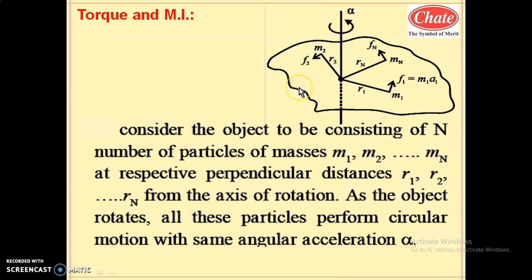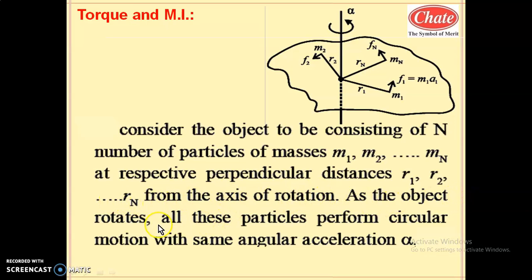So consider it in the same manner as the earlier part, only in place of constant omega, here we have constant alpha, that is constant angular acceleration. All other things are the same. Consider the object to be consisting of n number of particles of masses m1, m2, mn at respective perpendicular distances r1, r2, rn from the axis of rotation.